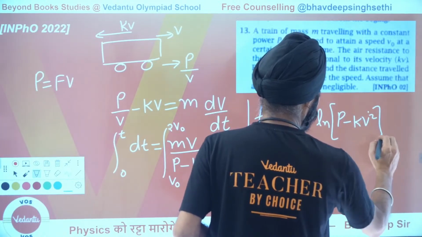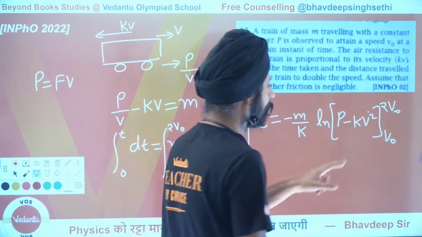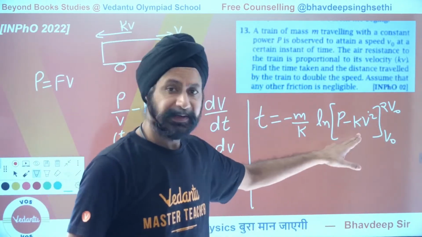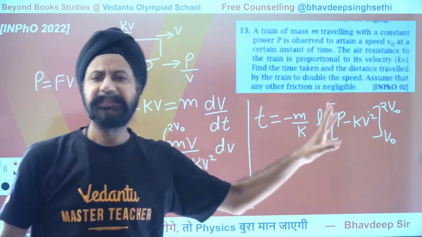Then you put the limits of v naught to 2v naught. Obviously, you plug in first 2v naught and then minus v naught, but you have to take care of that negative sign also. And that's how you solve this question.